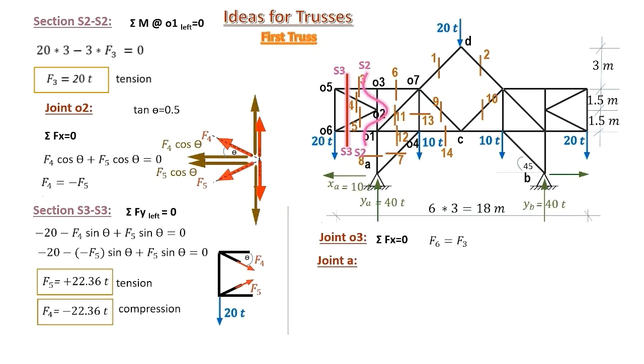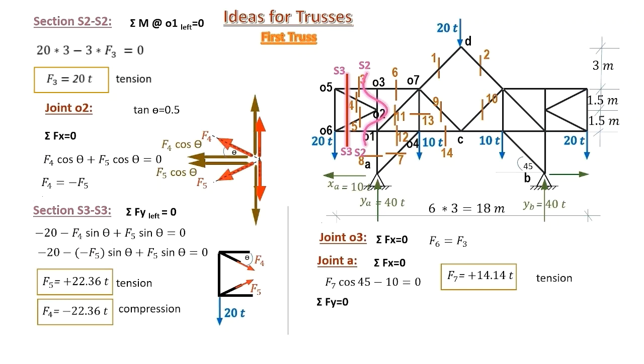Therefore, it is really wise to start by the horizontal direction. Sigma Fx equals 0 gives that XA must be in equilibrium with the horizontal component of F7, and therefore F7 has the value 14.14 tons tension.